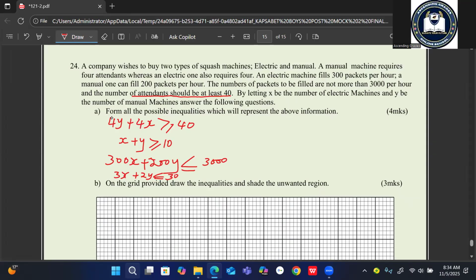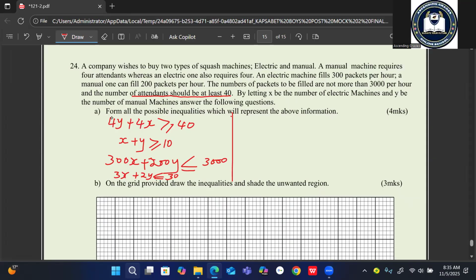So by letting X be the number of electric machines and Y be the number of manual machines, form all the possible inequalities which represent the above information. So we have that one. We also know that the attendance cannot be zero.